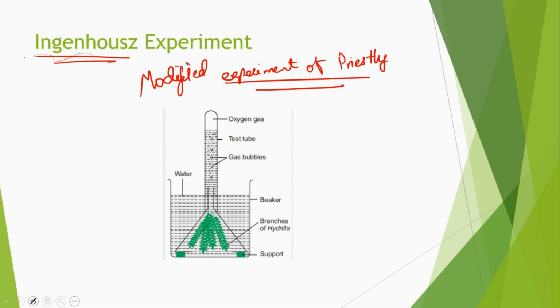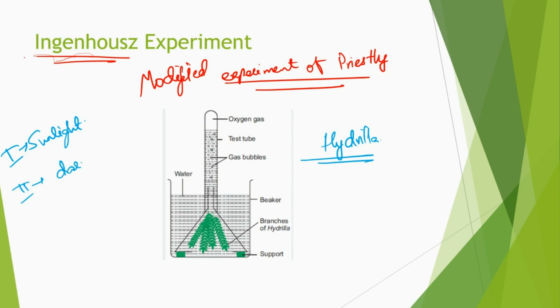What he did is he took an aquatic plant, Hydrilla. He took two conditions: in the first case, he placed the plant in the presence of sunlight, and in the second case, he placed it in the dark.